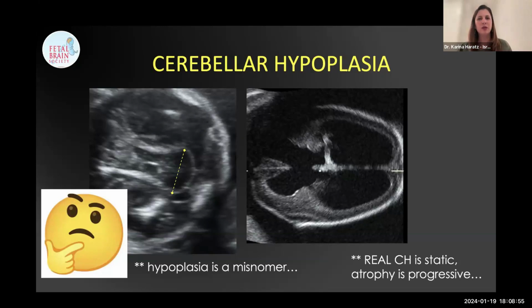But in the fetus, we see it so progressive in many or most of the cases. So the postnatal understanding of some of the abnormalities sometimes can really not be translated into fetal life. And we see these processes so dynamic. So maybe some of the neurologists or the pediatric neuroradiologists want to say a word about this concept of a static status of the cerebellar hypoplasia.